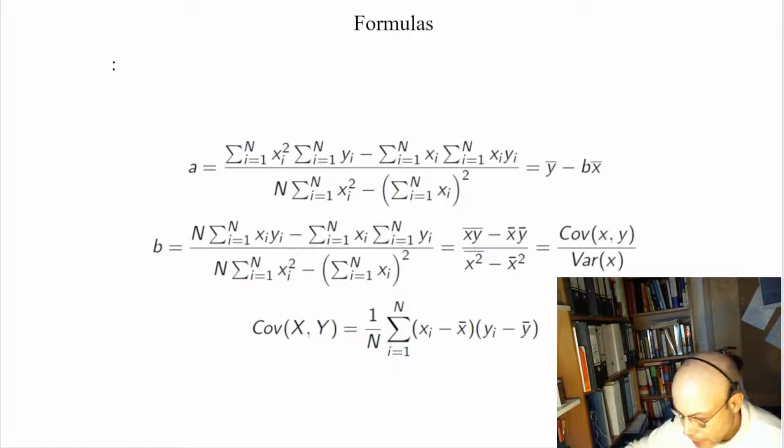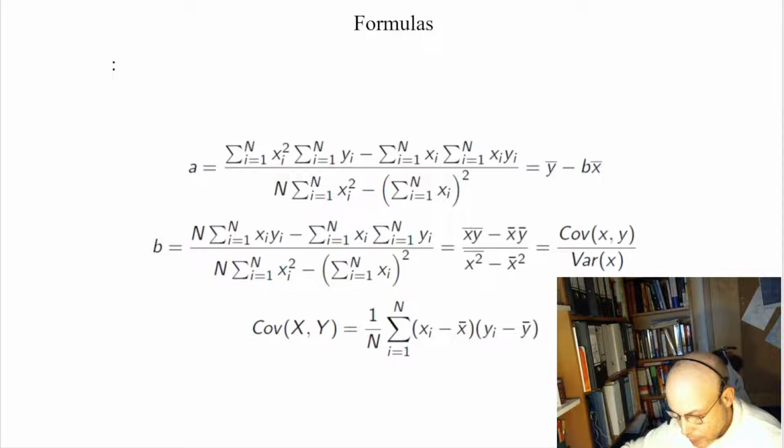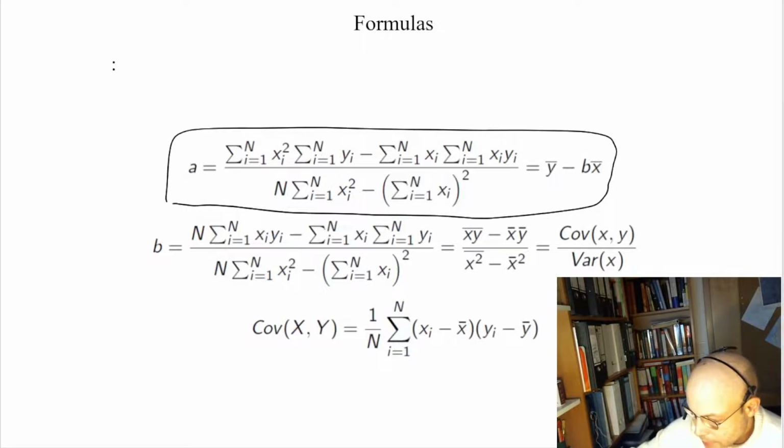And if we solve this problem here, well, this looks a bit complicated. This we don't want to do right now. And we obtain then these formulas here for A and B.